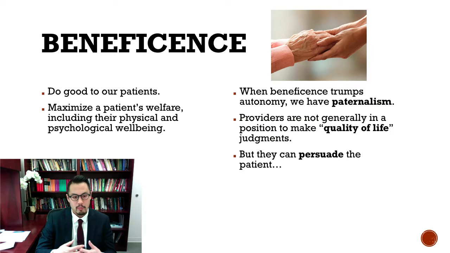But this is not to say, though, that providers cannot sometimes try to persuade patients to make certain choices, or to talk about the pros and cons of different treatment options with them. They should. But autonomy is not absolute. If a patient is not competent or if the demands of the public good are sufficiently grave, then sometimes autonomy can and should be limited.